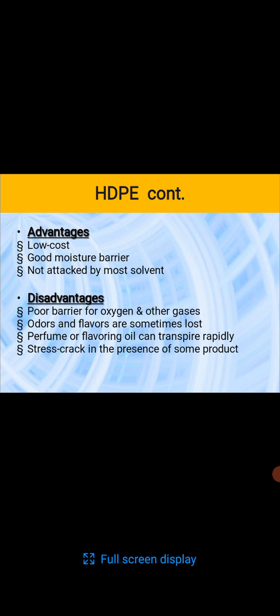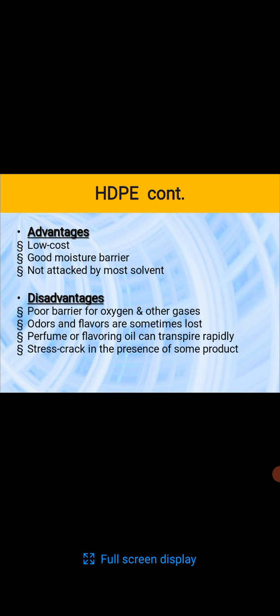Advantages: low cost, good moisture barrier, not attacked by most solvents. Disadvantages: poor barrier for oxygen and other gases. Odor and flavors are sometimes lost. Perfume or flavoring oil can transfer rapidly.